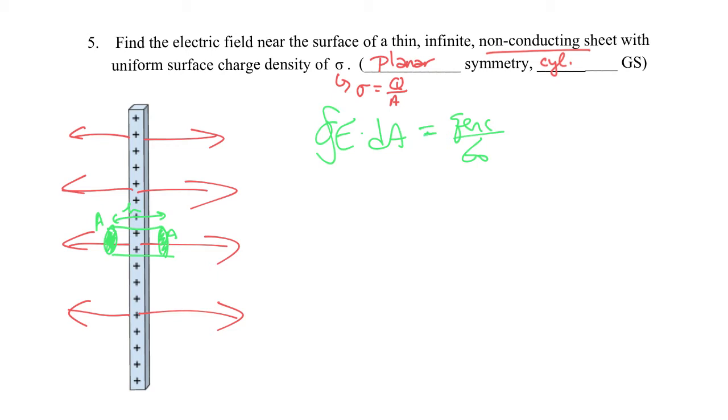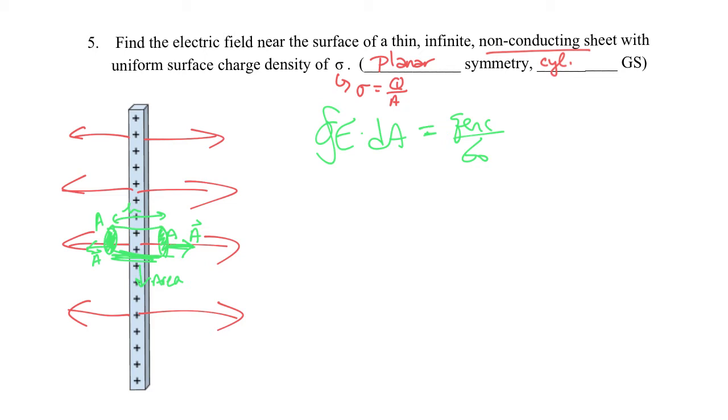But as you can see, there's going to be no flux out of the shell because our area vector is that way, and then the electric field is perpendicular to that. But our end caps, here's an area vector, and here is an area vector.